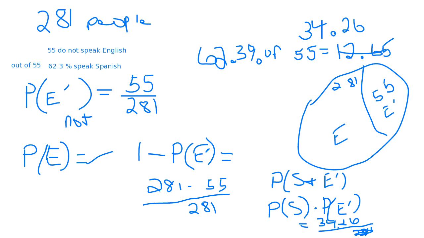It's out of 55, sorry, because those people don't speak English. So this is kind of a given problem. And this not English is 55. Oh, let me erase this. It's getting messy. Okay, sorry.